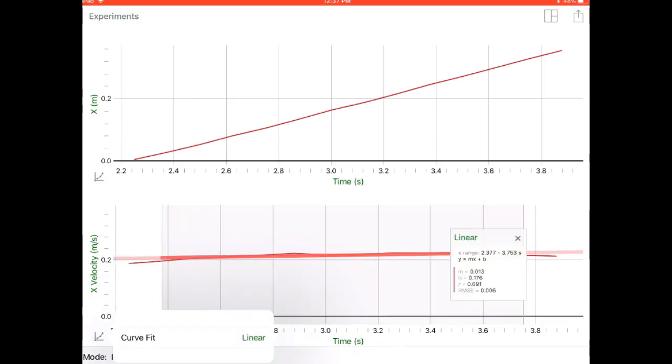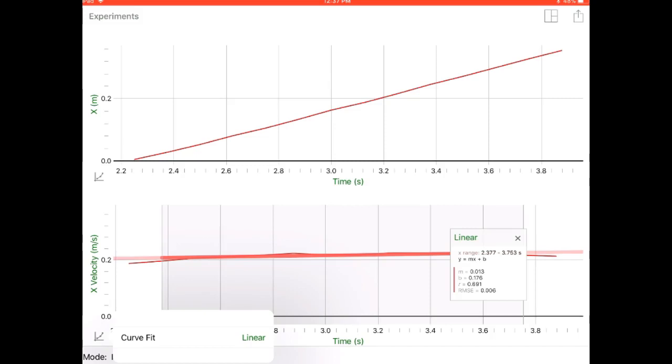Now even though it says curve fit, right when I selected it, it says curve fit with linear next to it. So this is giving us a linear fit, which is nice. You can see in the little box with the data I have my y equals mx plus b formula. And in that formula, we know that m represents the slope. So for this graph, the slope of my data is 0.013. There's no units on it, so you need to be mindful of the units in each of your x and y axis.